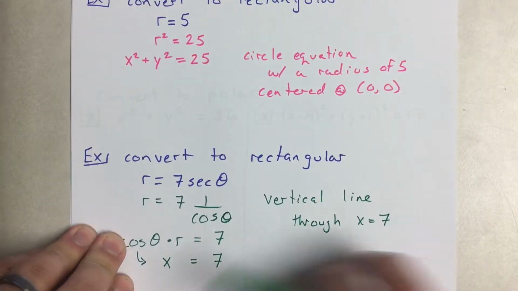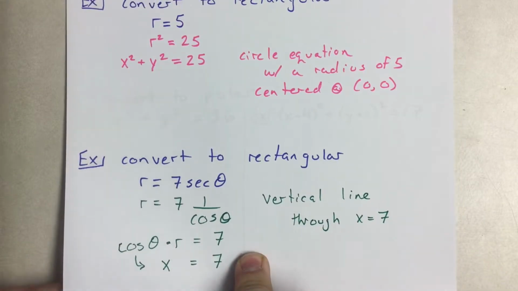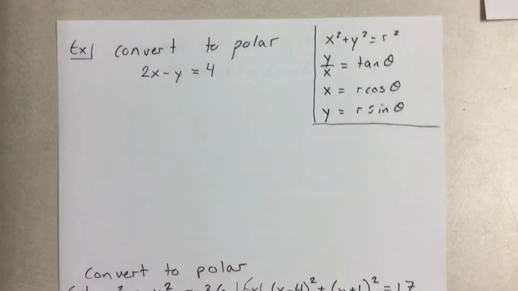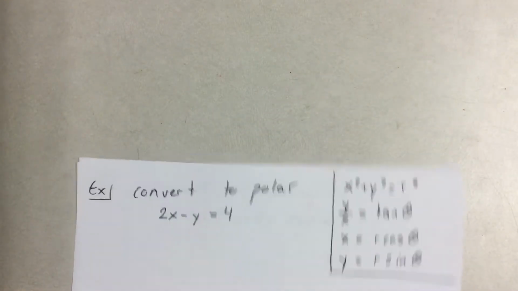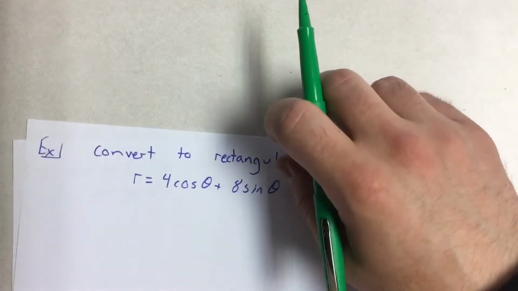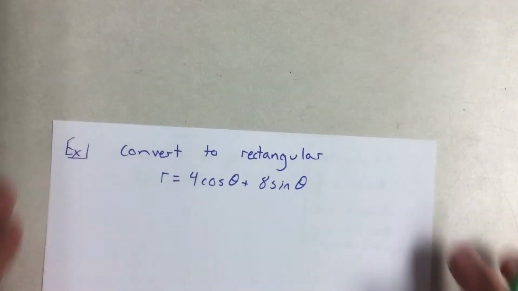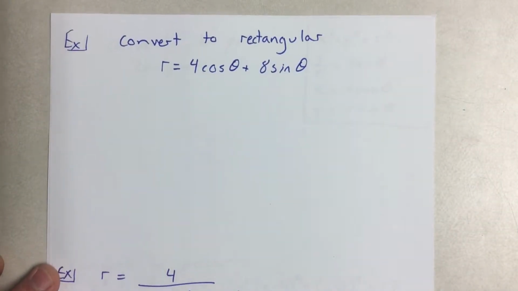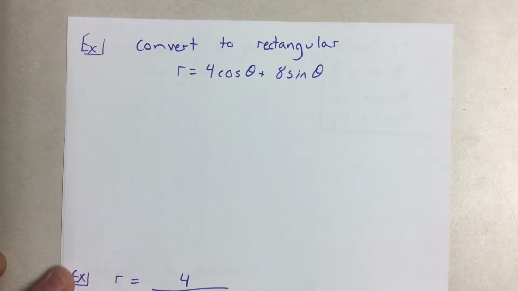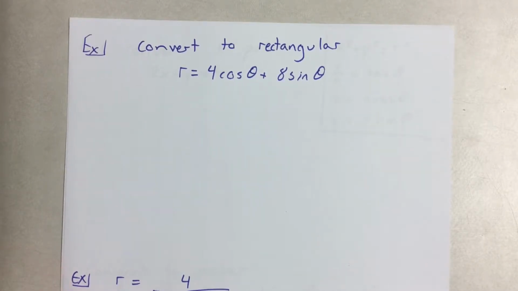Let's look at the next equation. Convert to rectangular: r equals 4 cosine theta plus 8 sine theta.